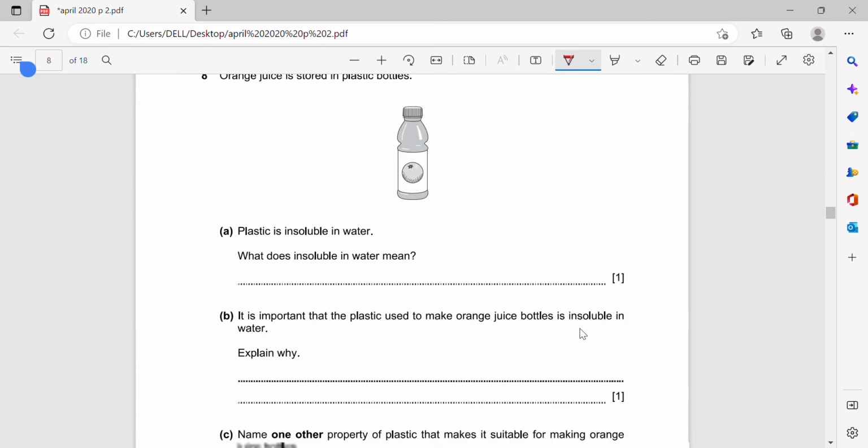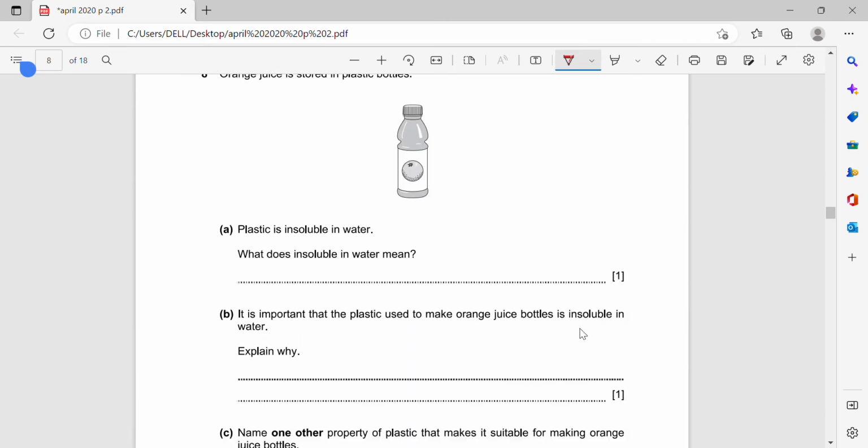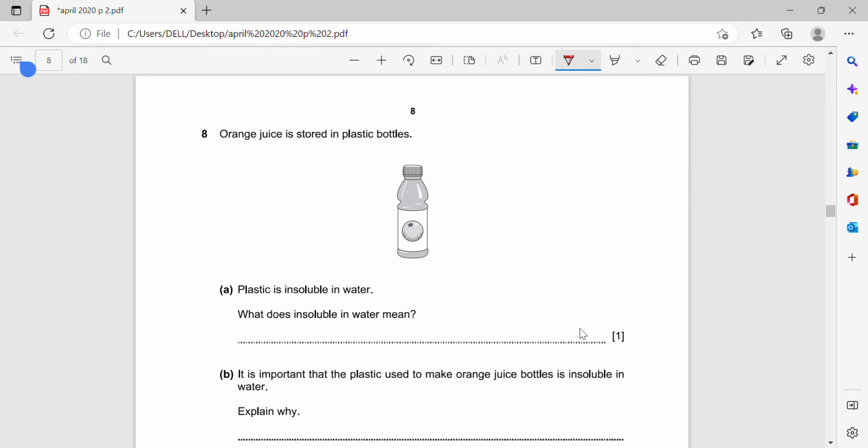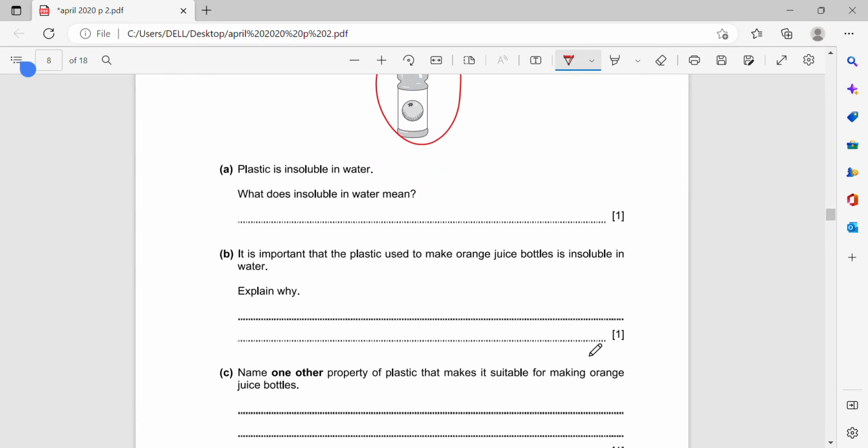Next question. Orange juice is stored in plastic bottles. So this is a bottle of orange juice. Plastic is insoluble in water. What does insoluble in water mean?